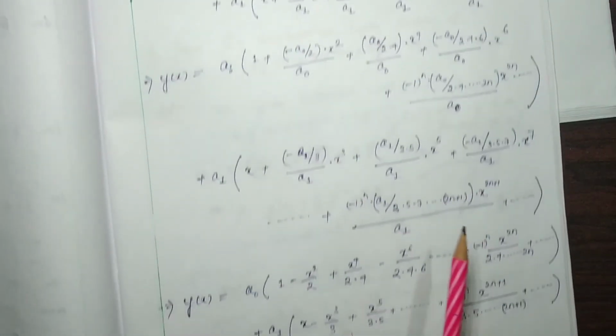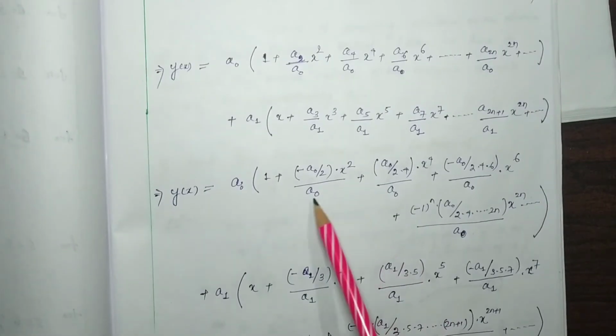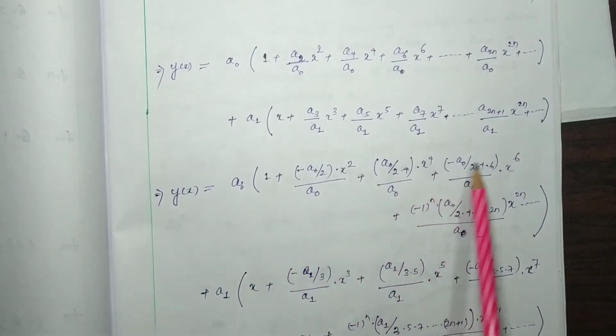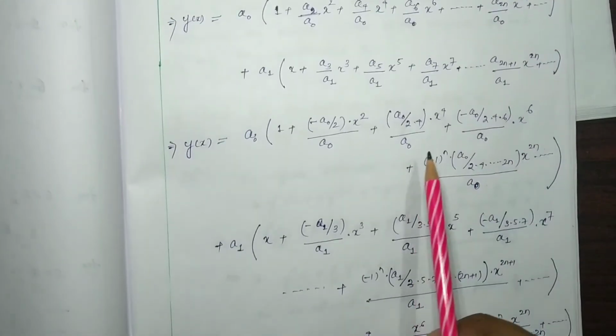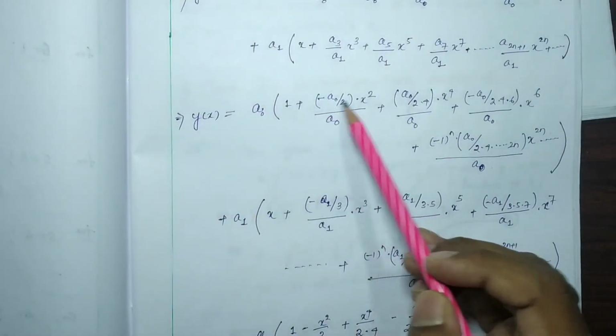Now y of x will be equal to, by simplifying, we can find each and every term. Here a0 got cancelled, and we found minus x square by 2.